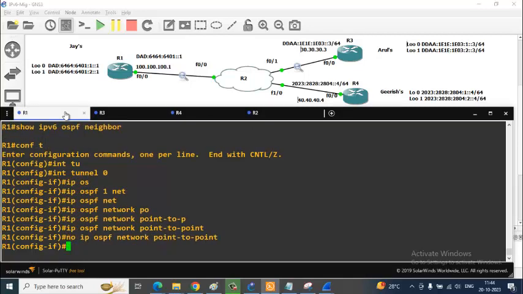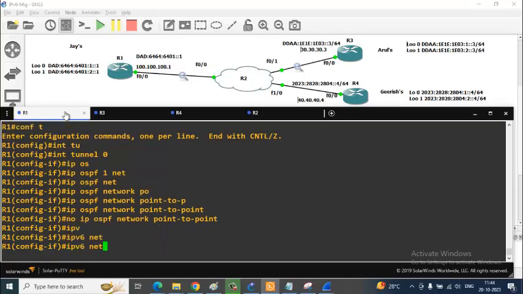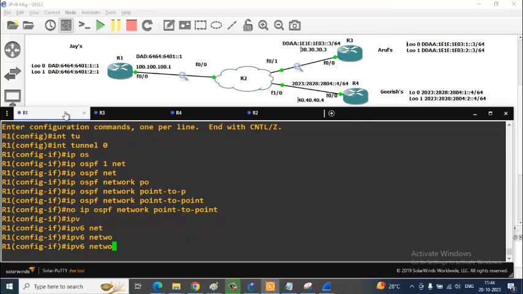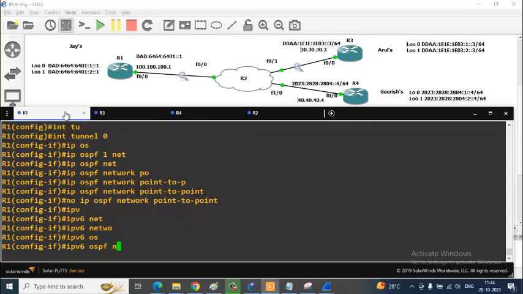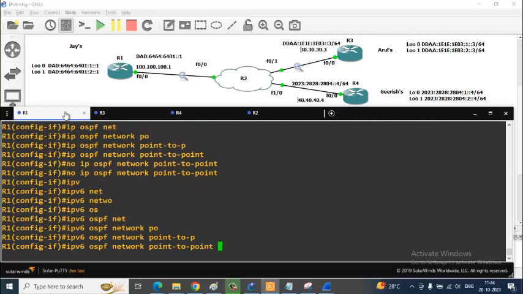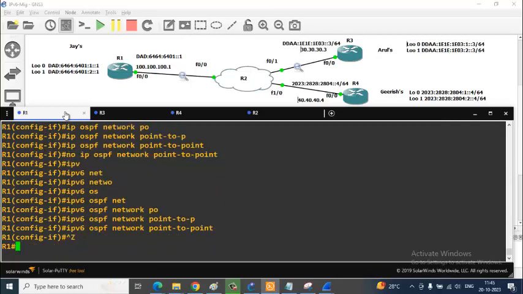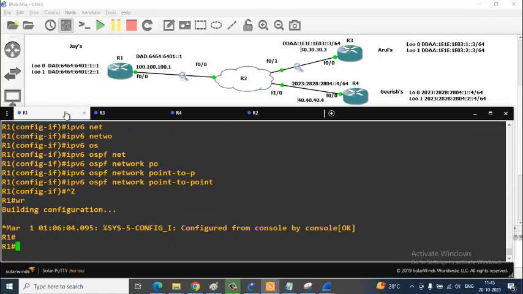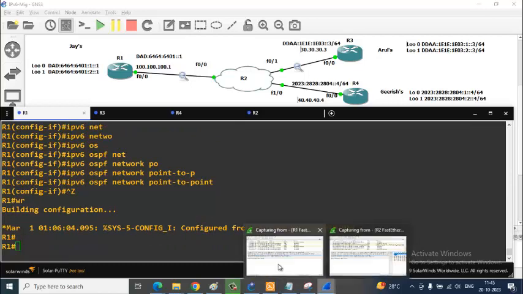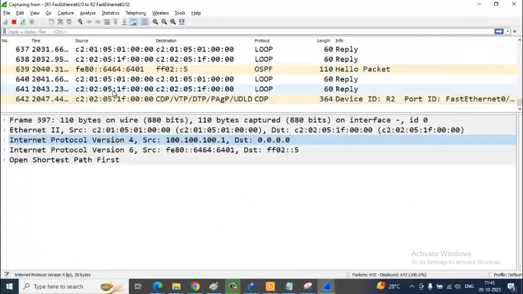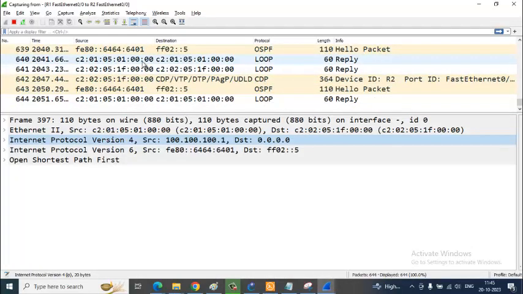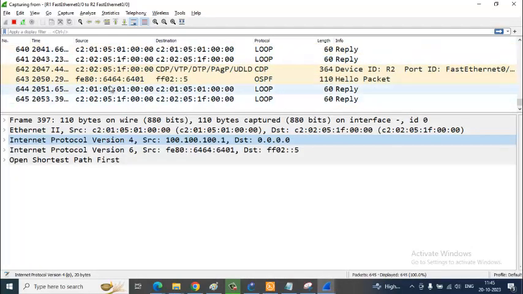This is not IP. IPv6 OSPF network type point to point. Okay. Now I'm expecting some results. Are we getting any? No.